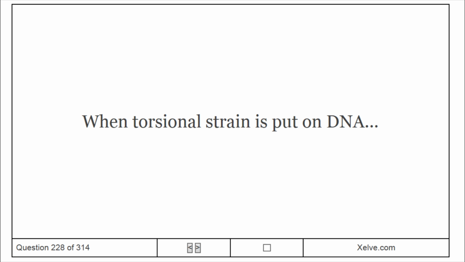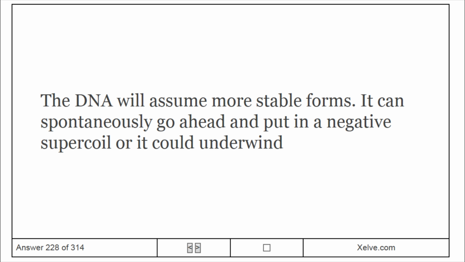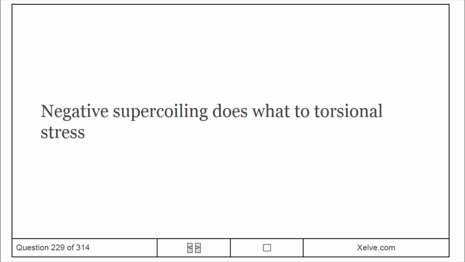When torsional strain is put on DNA, the DNA will assume more stable forms. It can spontaneously put in a negative supercoil, or it could underwind. Negative supercoiling does what to torsional stress?